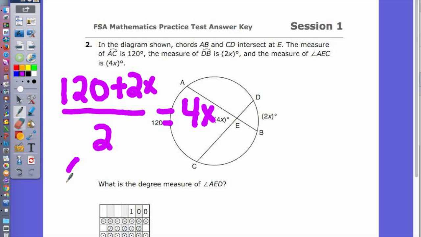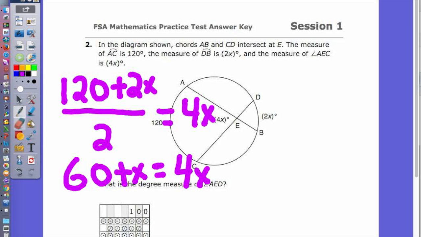Which means 60 plus x equals 4x. I subtract x from both sides. I get 60 equals 3x. X equals 20. If x equals 20, this angle here is 80, correct?